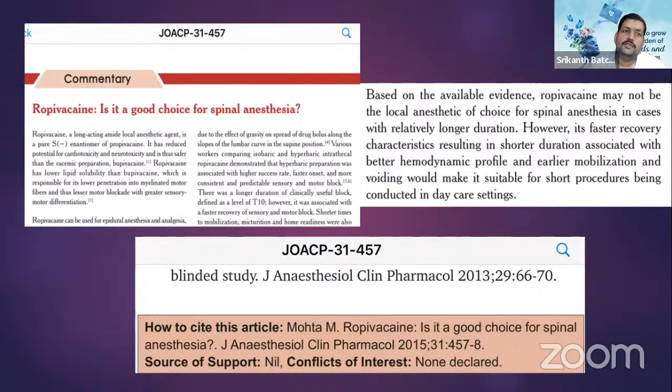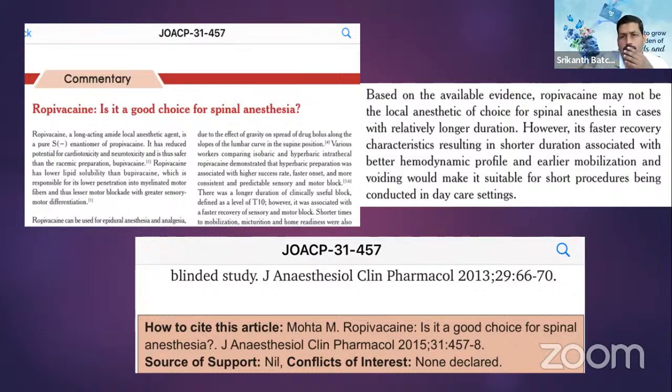Given the current scenario and the rapidly emerging trend of more and more daycare surgeries, this hyperbaric ropivacaine may hold more promise for us in the future, where early return to normal voiding and early ambulation are the key aspects when we are willing to discharge the patient the same evening or at least early morning the next day.